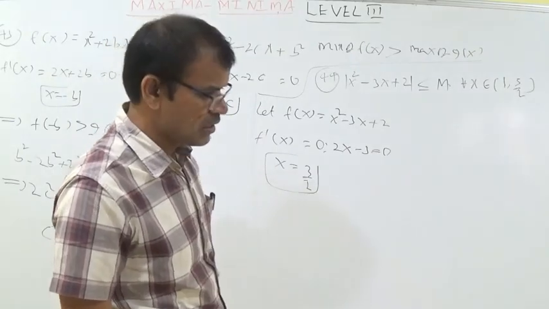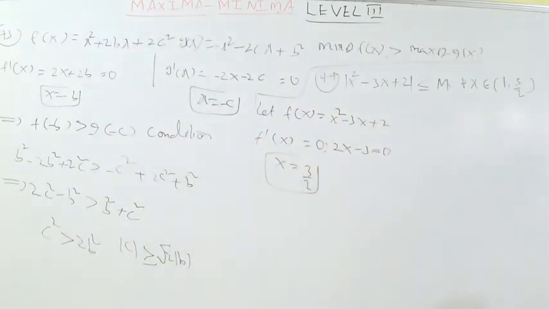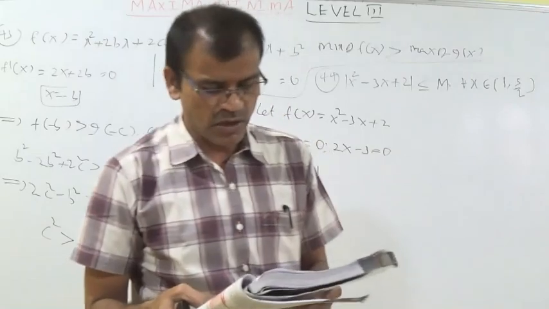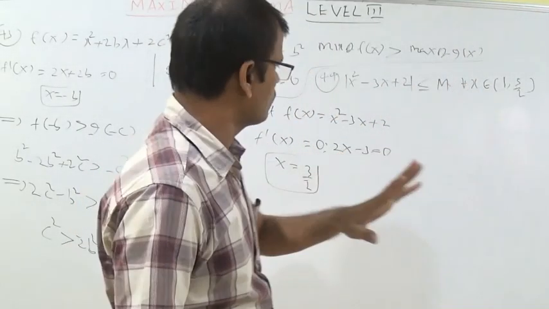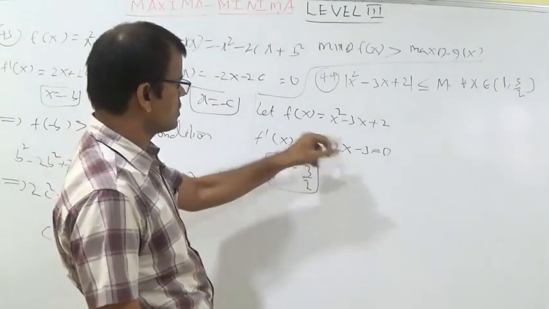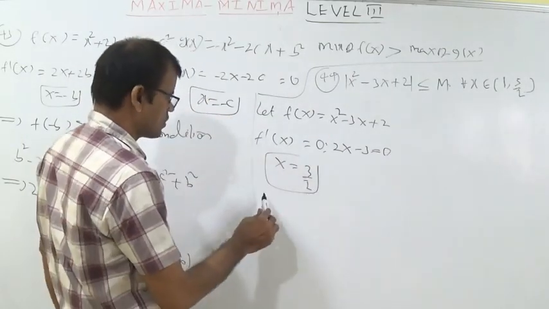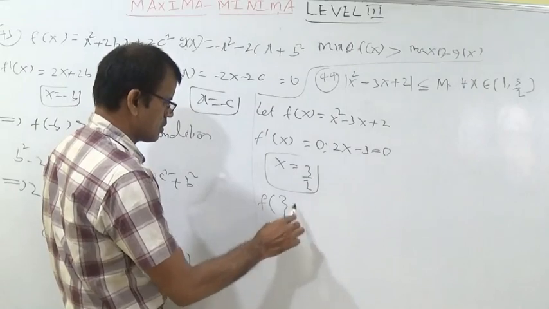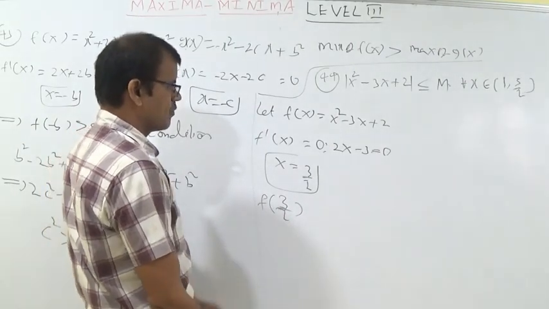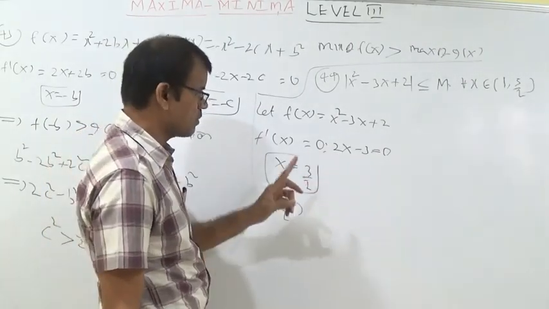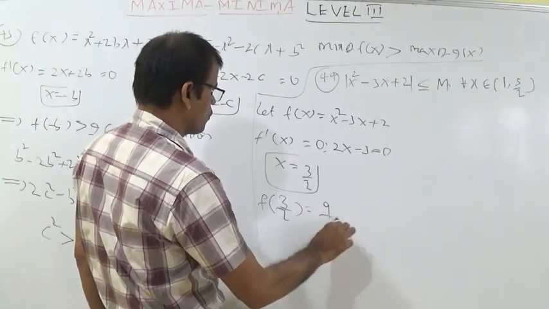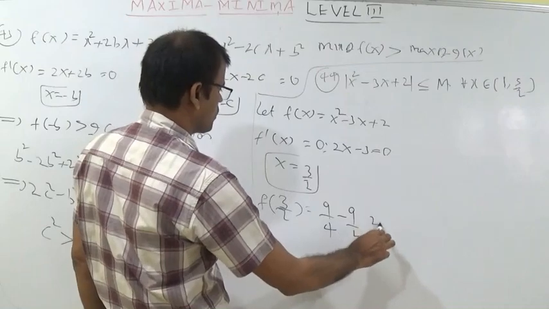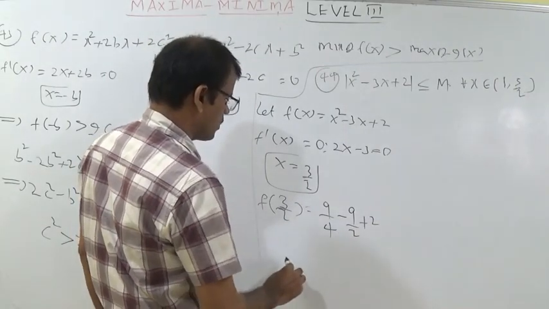So it is a minimum, since f double dash x is positive. He is asking for the smallest value of M, so maybe it is the maximum. If you substitute 3 by 2 here, f of 3 by 2, students, the double derivative is positive so it is a minimum, no problem. Substituting 3 by 2: 9 by 4 minus 9 by 2 plus 2.